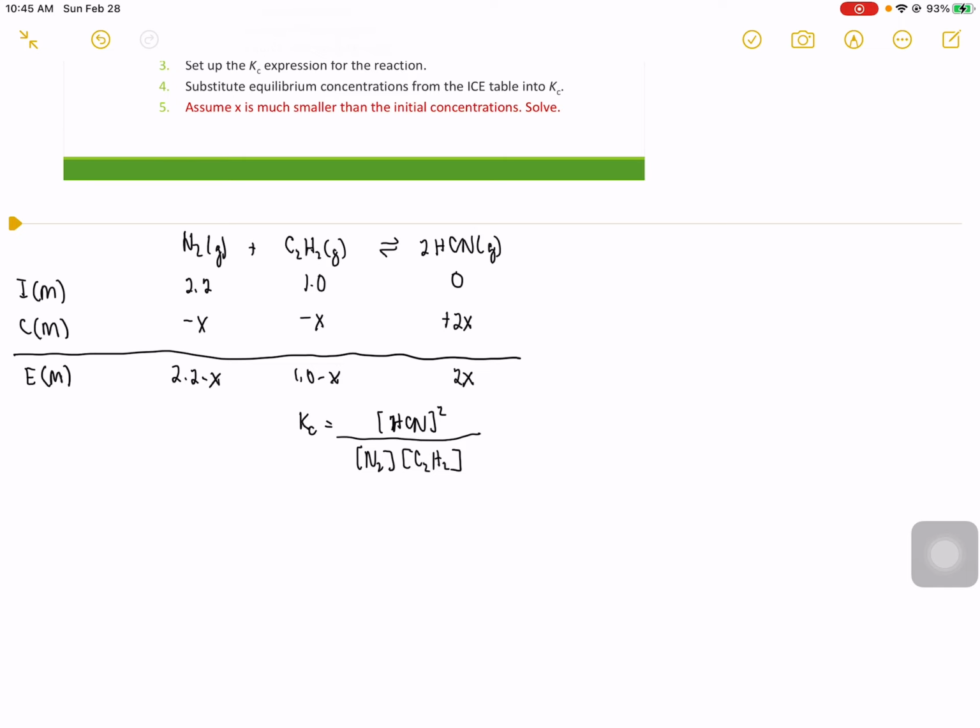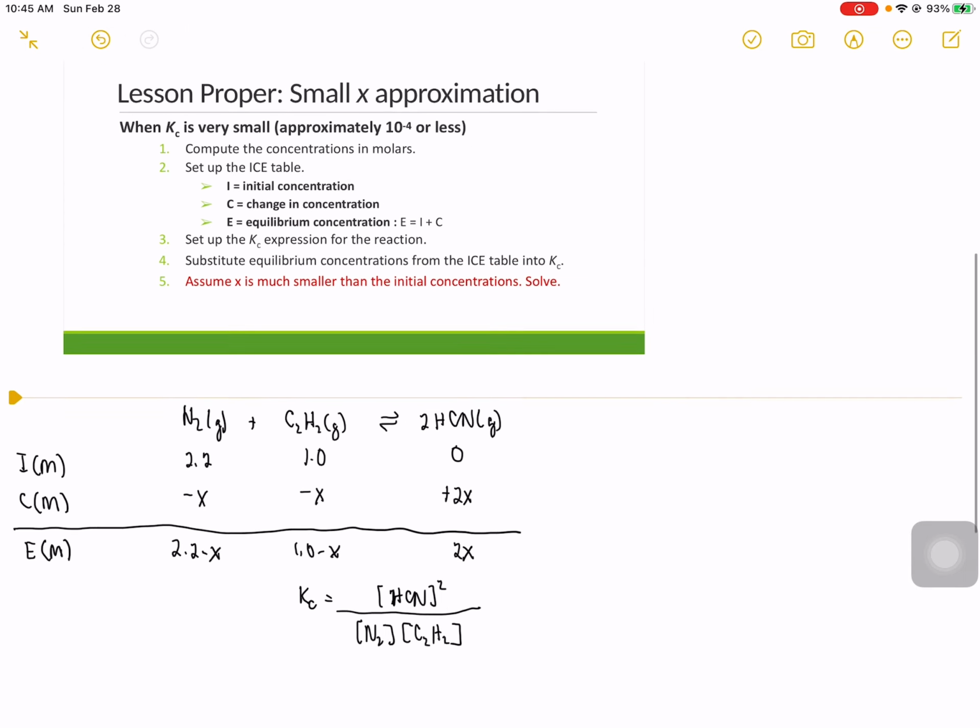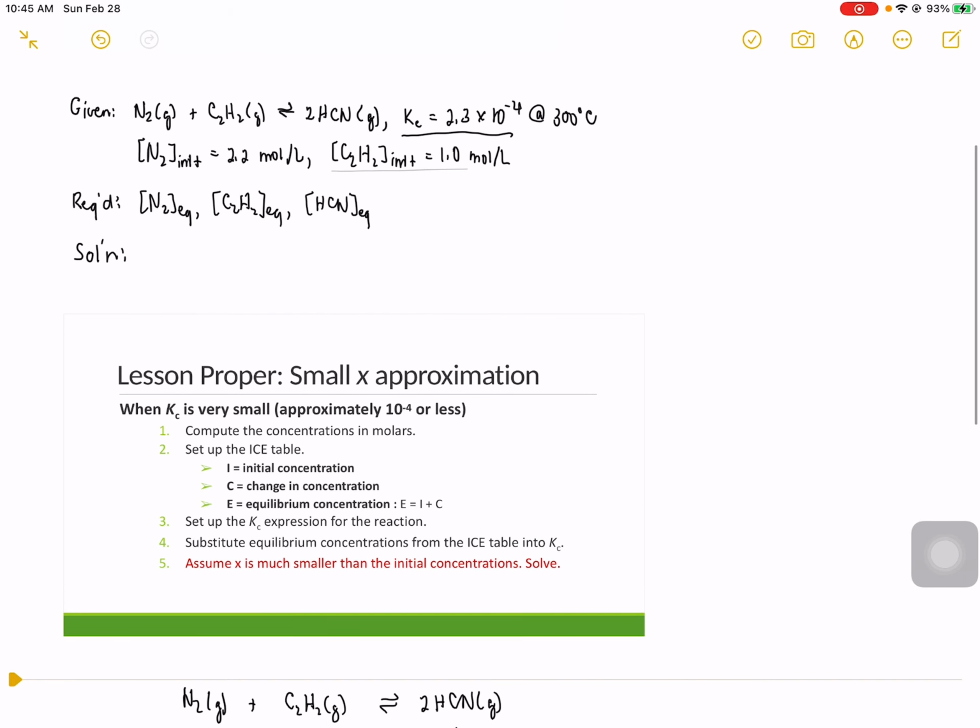Now plugging in the values in here, K sub C was given to us to be equal to 2.3 times 10 to the negative 4.